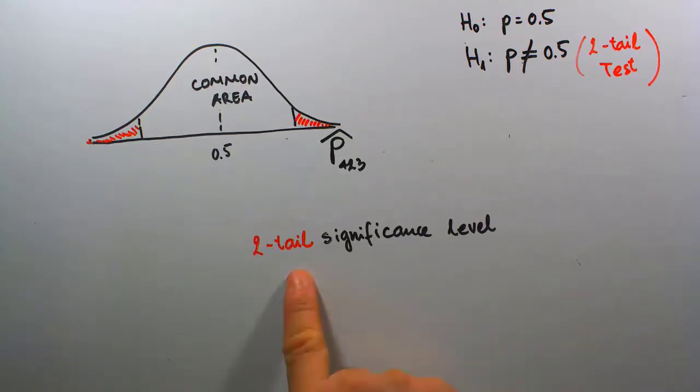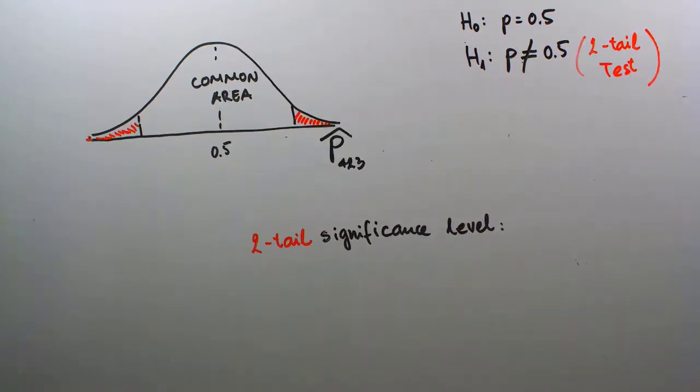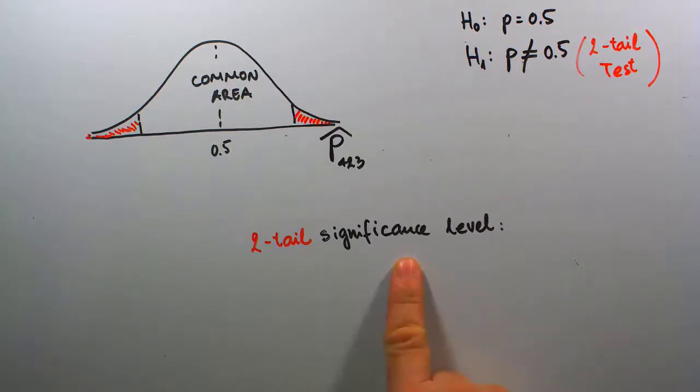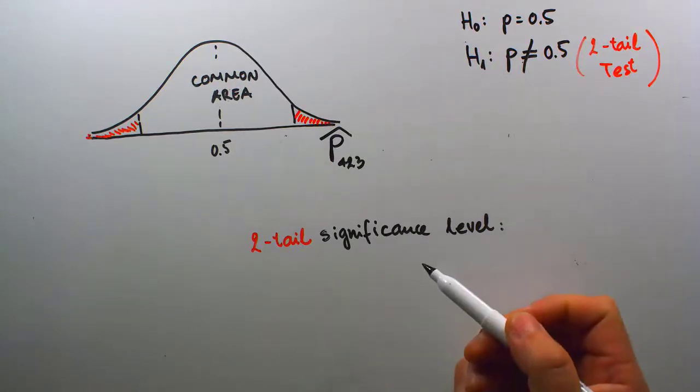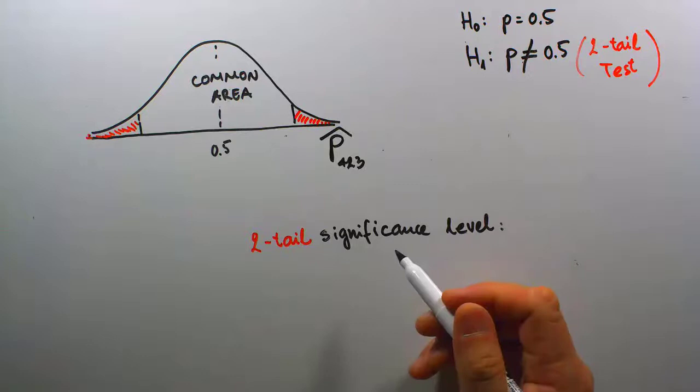Since I mentioned the term two-tailed significance level, let me give a formal definition of what it means. It's a little bit different from how I defined the one-tailed significance level that you have seen in earlier videos.